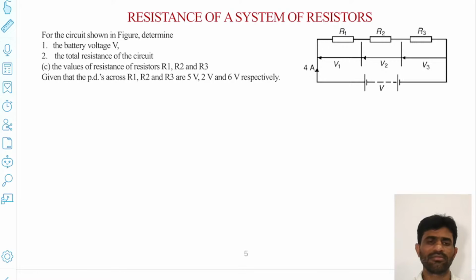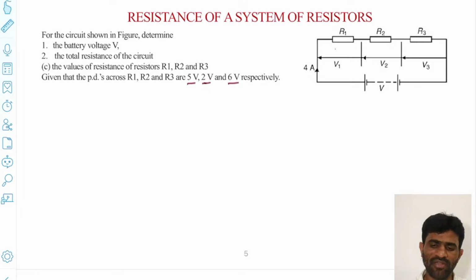Deepak, the answer is R1 plus R2 plus R3, I by R1 plus R2 plus R3. But see here, we already know V1, V2, V3. In the question it is mentioned: V1 is 5 volts, V2 is 2 volts, V3 is 6 volts.